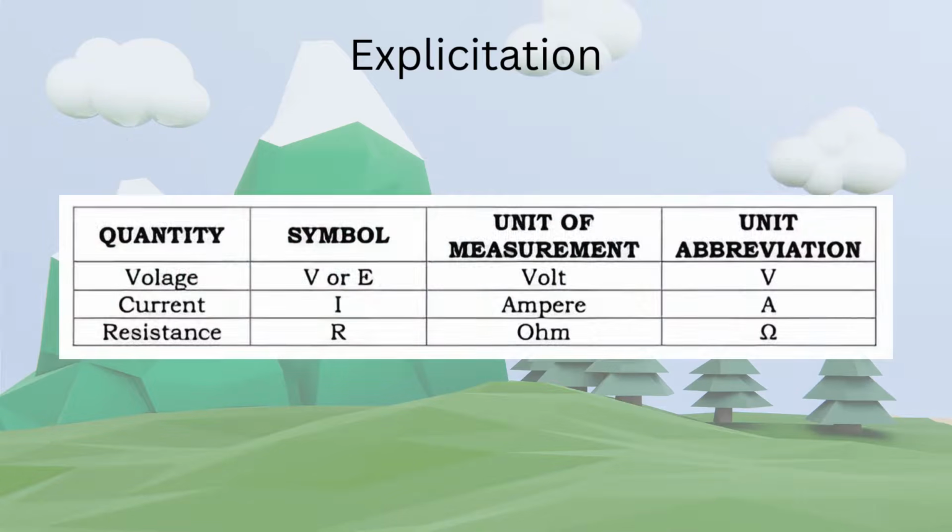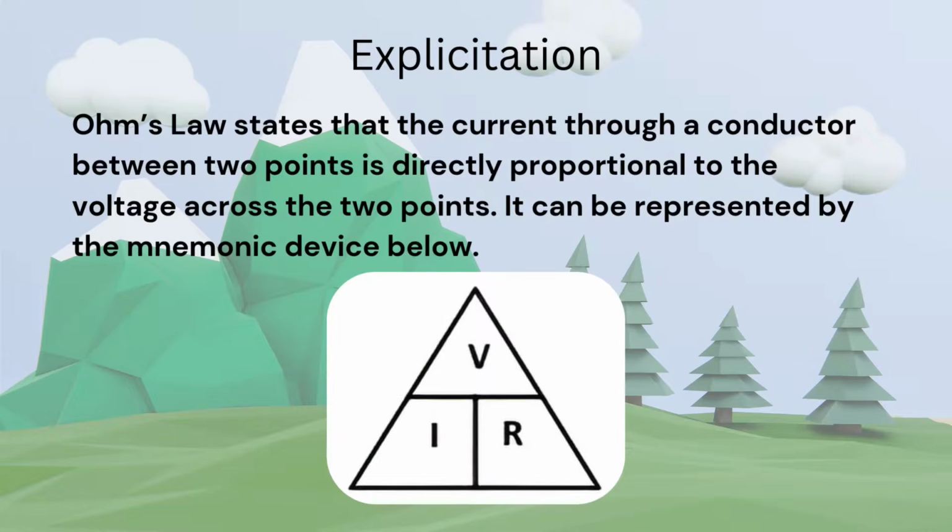For the Ohm table: quantity, symbol, unit of measurement, unit abbreviation. Voltage, V or E, volt, V. Current, I, ampere, I. Resistance, R, ohm, omega. Ohm's law states that the current through a conductor between 2 points is directly proportional to the voltage across the 2 points.